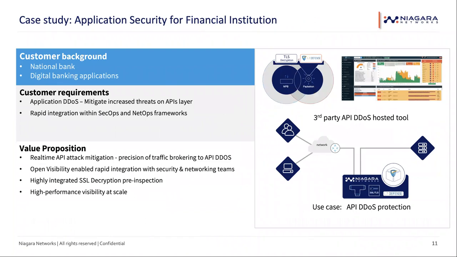Finally, a case study for application security, in a national bank, where the server is actually running APIs, to get more information from or send information to a financial system.